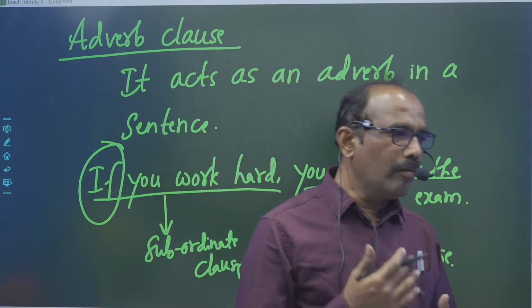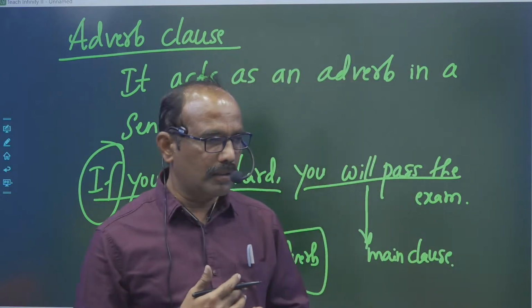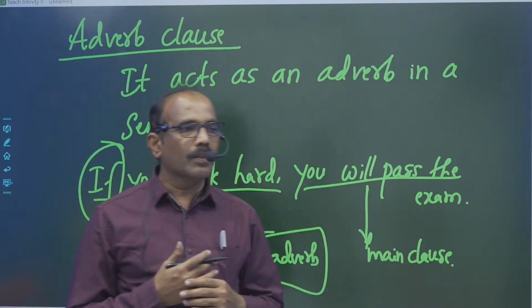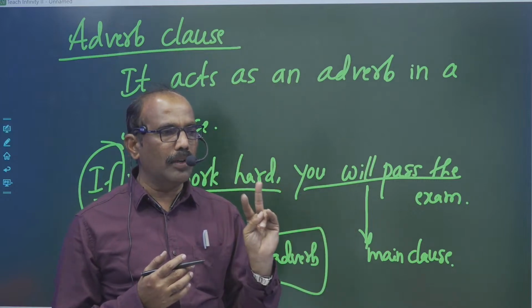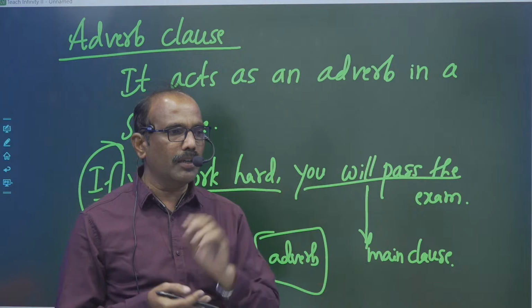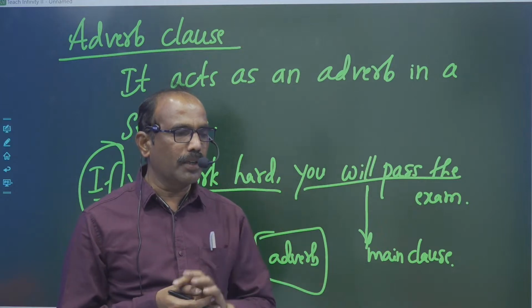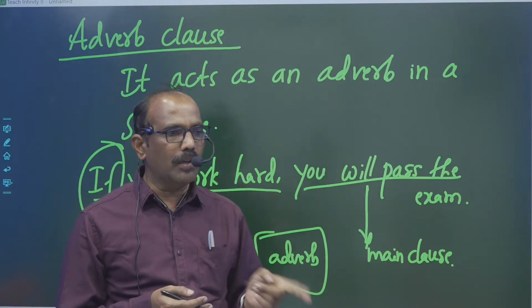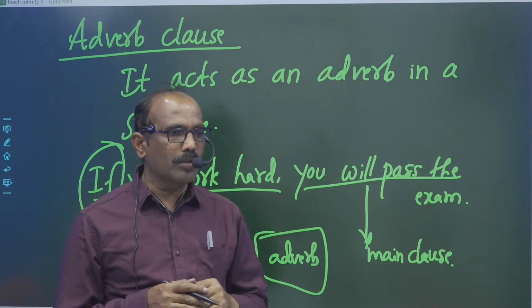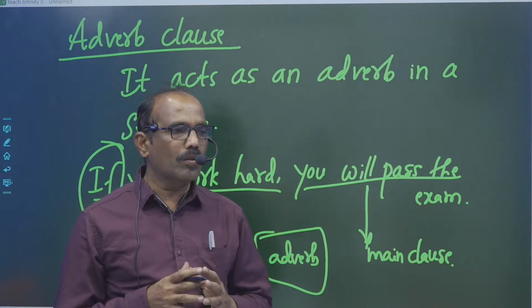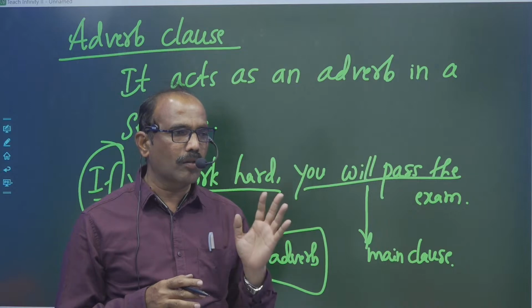And along with this particular chapter, compound sentence means two main clauses connected with a coordinating conjunction. One dependent clause and the other independent clause, connected with subordinating conjunctions, that is complex sentence.